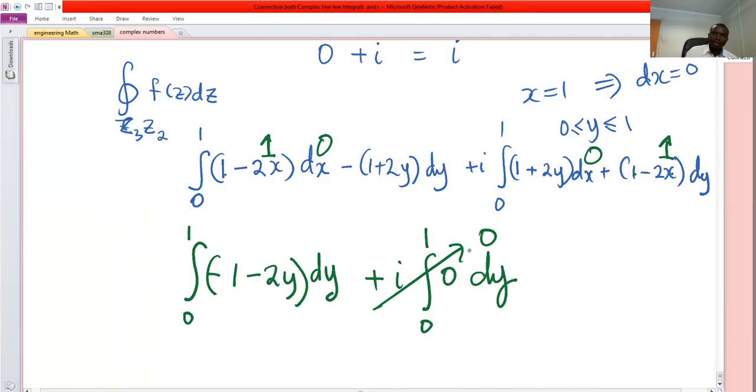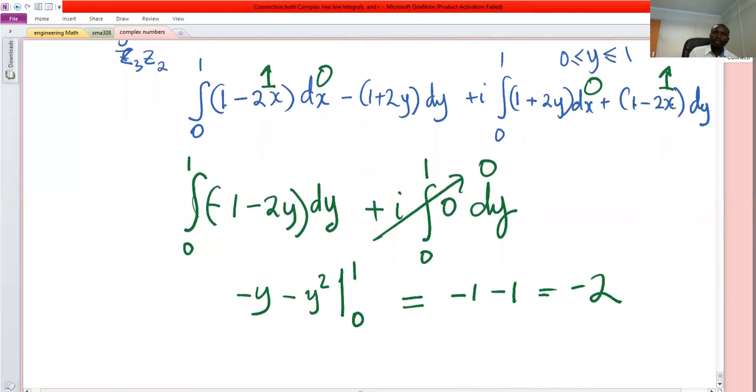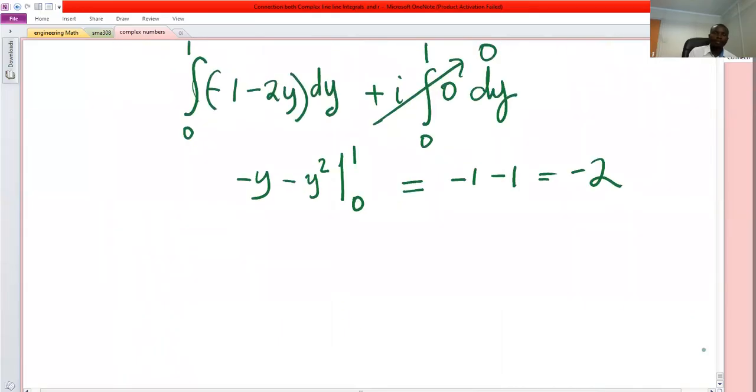Now we concentrate on this part. This will be minus y squared, with limits from 0 to 1. So this will give you minus 1, which is minus 2.